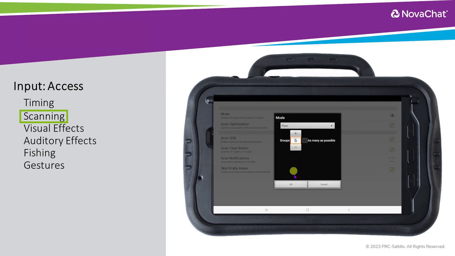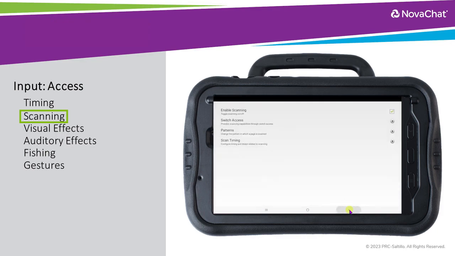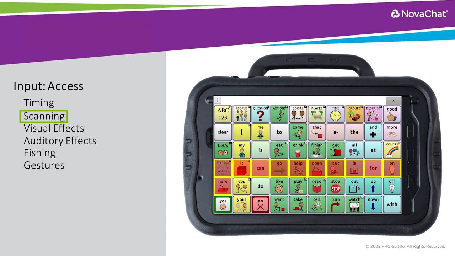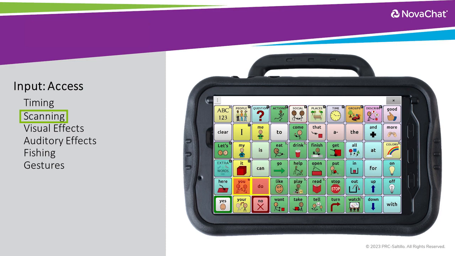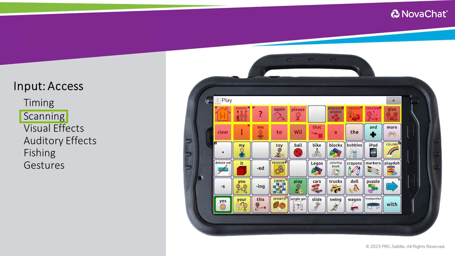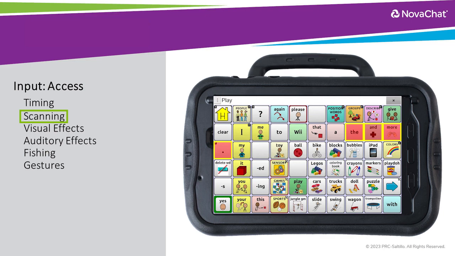When you are finished setting up flow options, select OK. Go back to the vocabulary to start using flow scanning. When the flow that contains the button you want is highlighted, activate your switch to select. Flow scanning is provided as a scanning option for individuals who do not require consistency within a scan pattern.